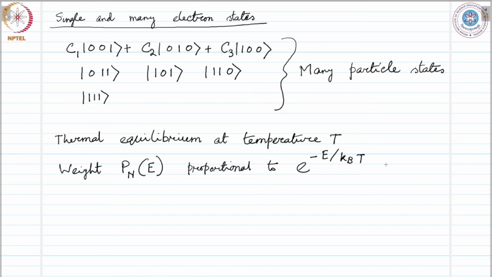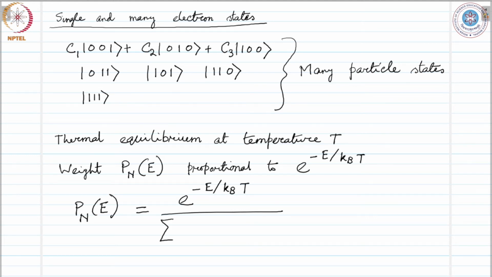Now, if we want to write this weight, that is the probability, in its explicit form, the probability is proportional to e power minus energy over kBT, and if we divide it by the partition function, we will get the probability. So, it is e power minus E alpha n over kBT, two indices that we are using here, I will explain that soon.